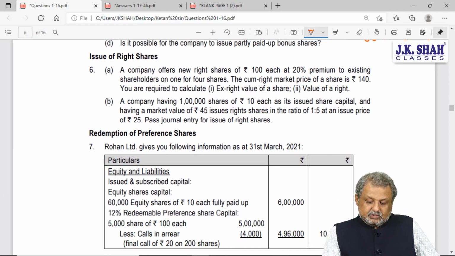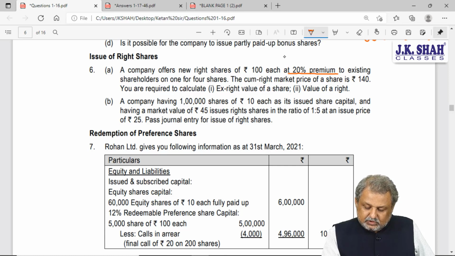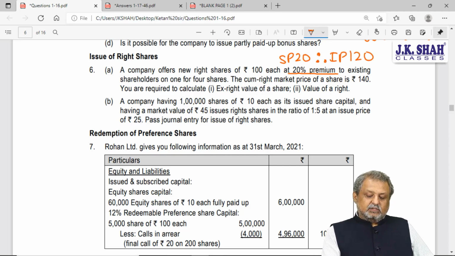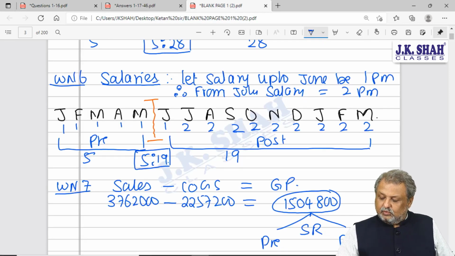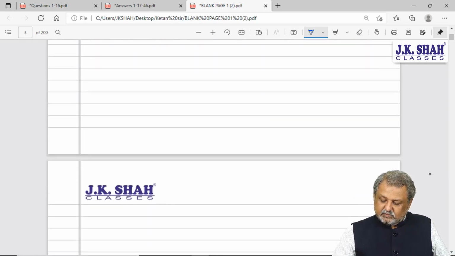Company offers new rights shares of 100 each at 20% premium. So 20% premium, so securities premium will be 20, therefore issue price will be 120 to the existing shareholders on 1-for-4 basis.